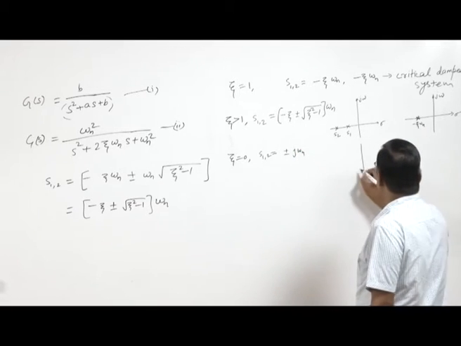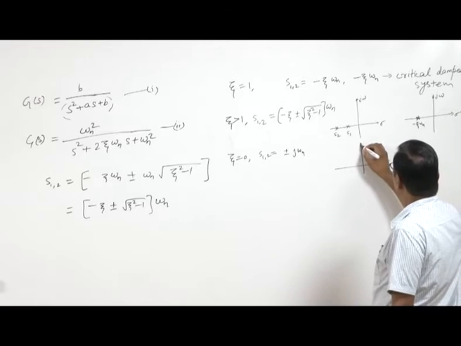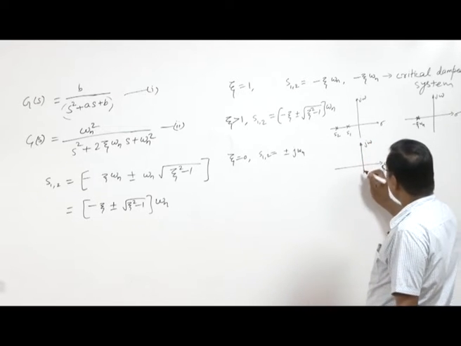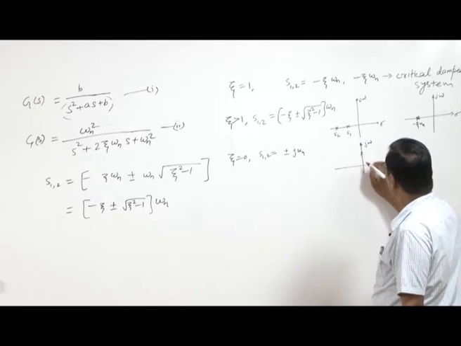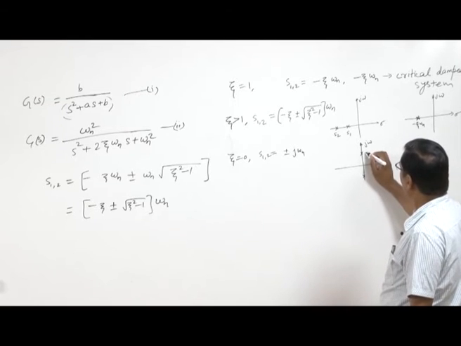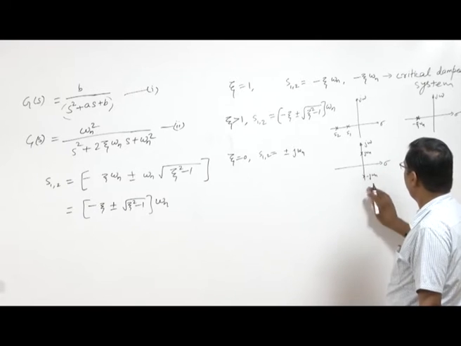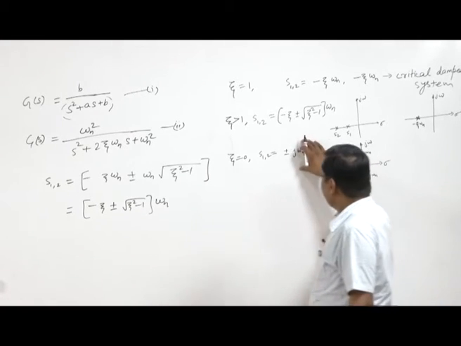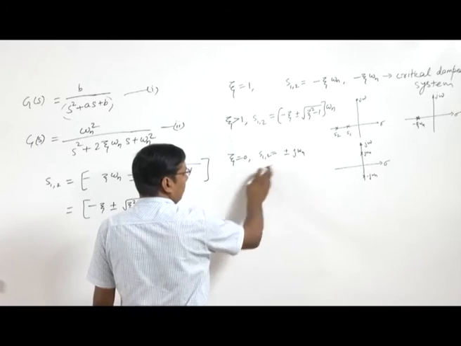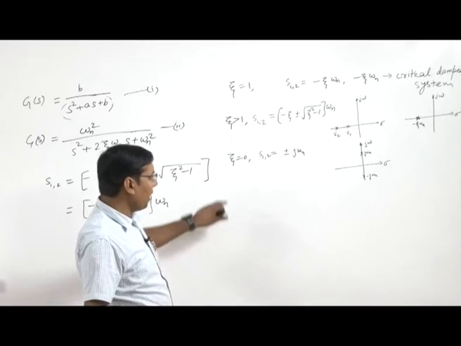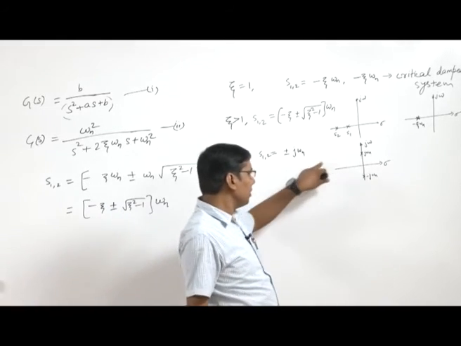So this is a case of imaginary roots. So here j omega n and here minus j omega n. So this is an undamped system, no damping, and this defines the natural frequency of the system.